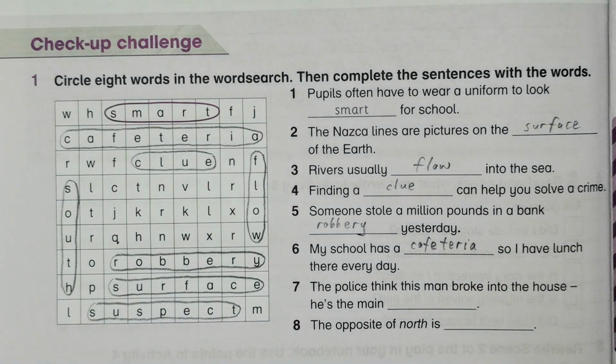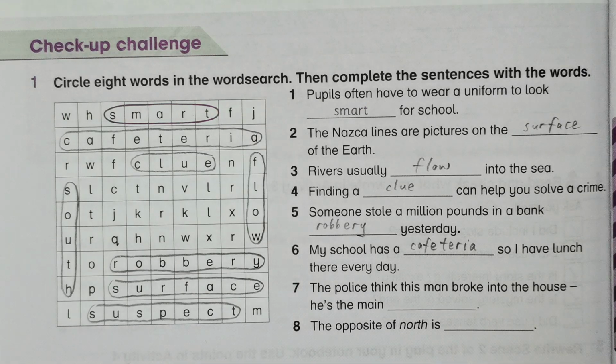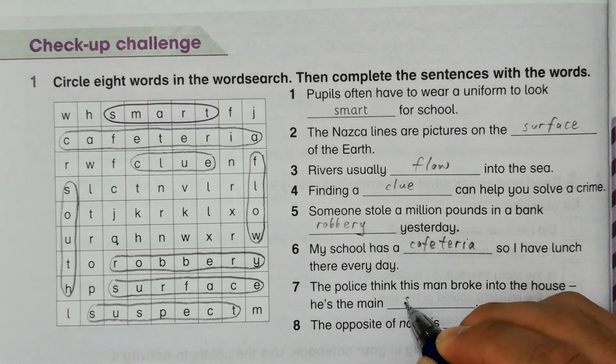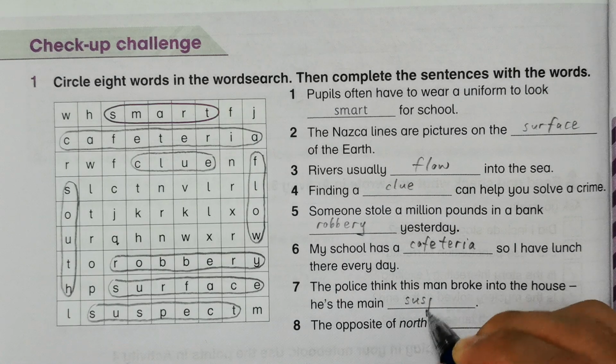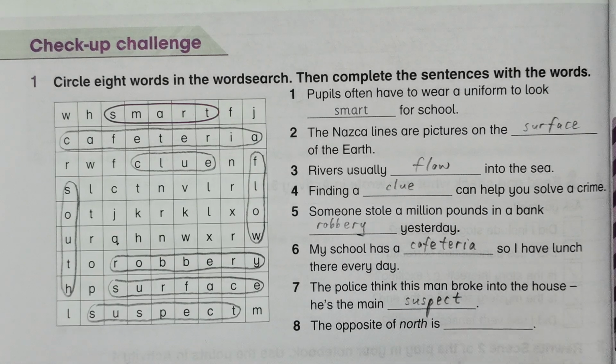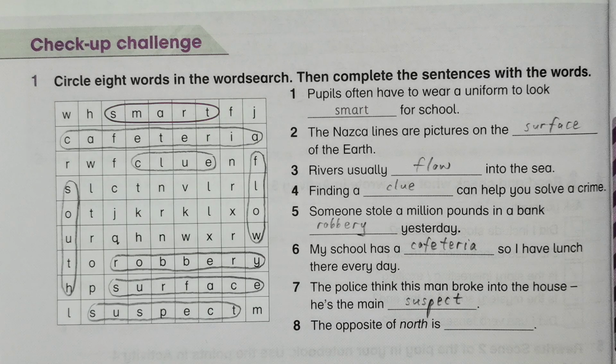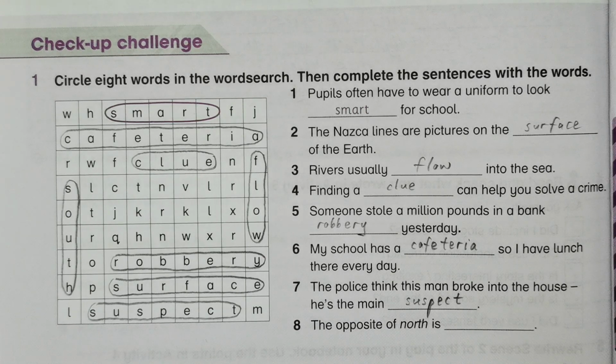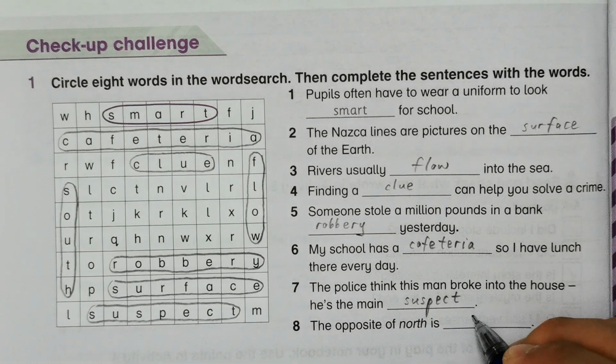Number 7, the police think this man broke into the house. He's the main suspect, so this is suspect. And the final one, the opposite of north is the south.